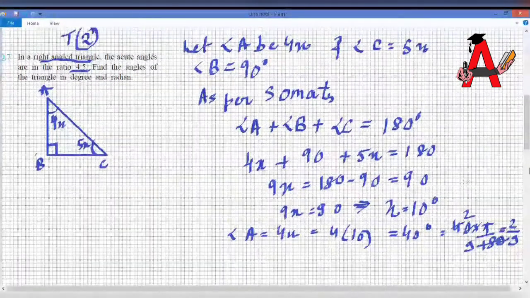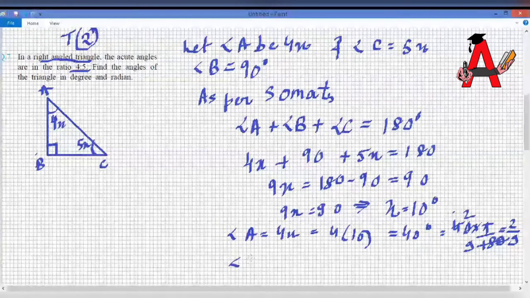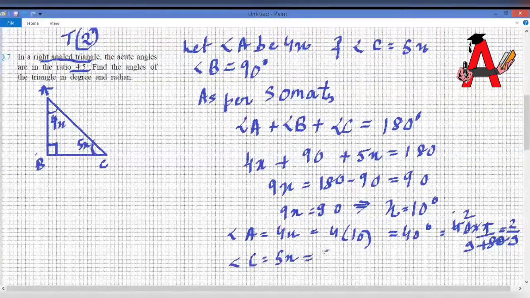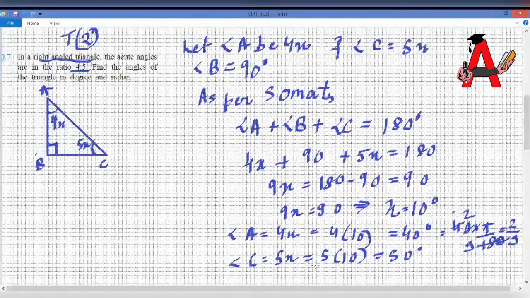Similarly, if I try to do the second question, angle C is equal to 5x, which is equal to 5 into 10, so this is 50 degrees. Similarly, you can convert this 50 degrees also into radians.